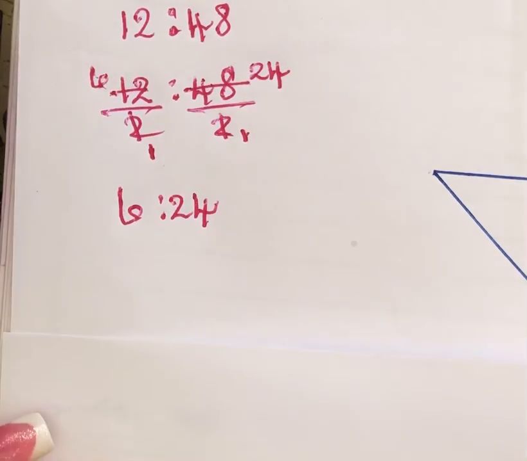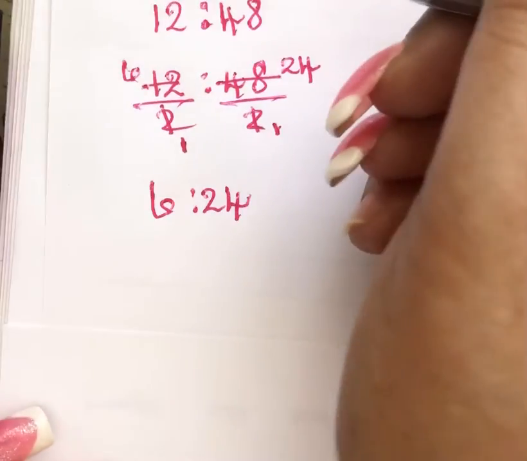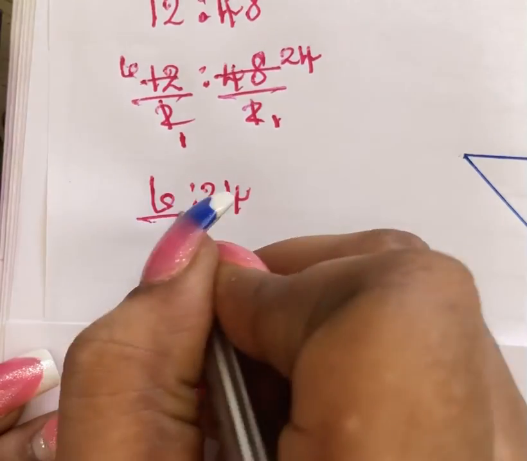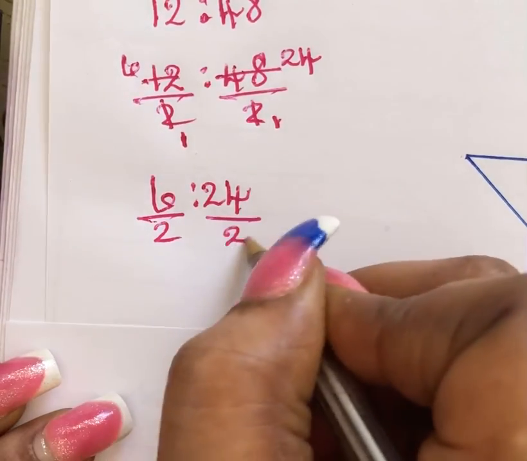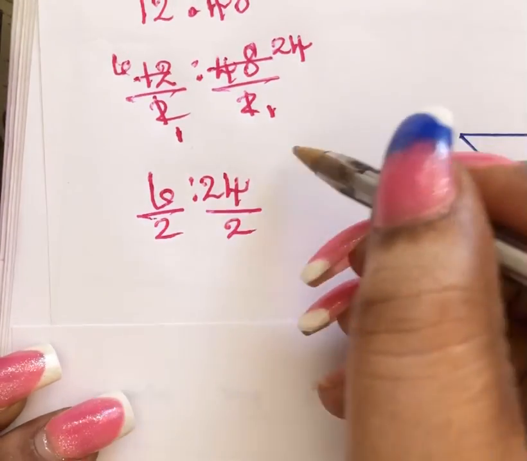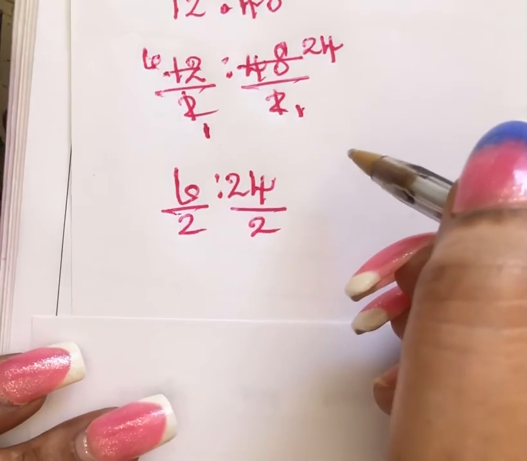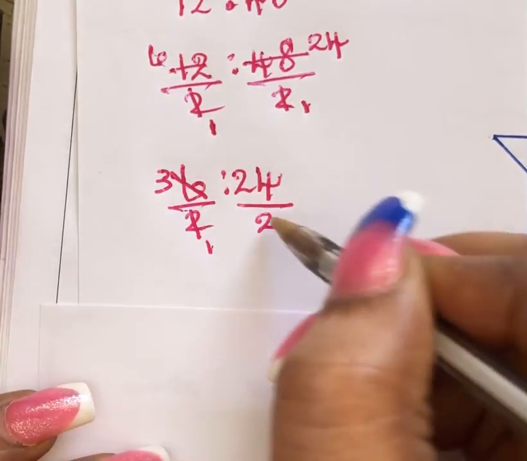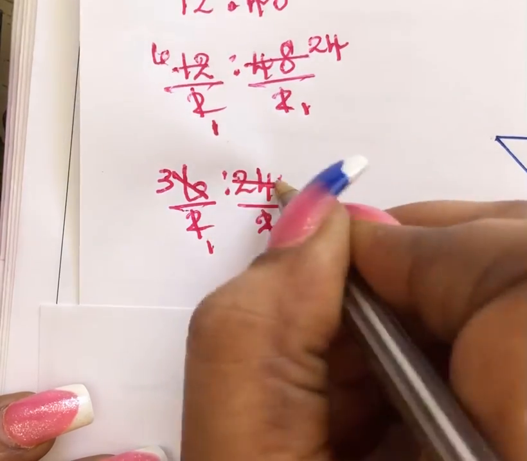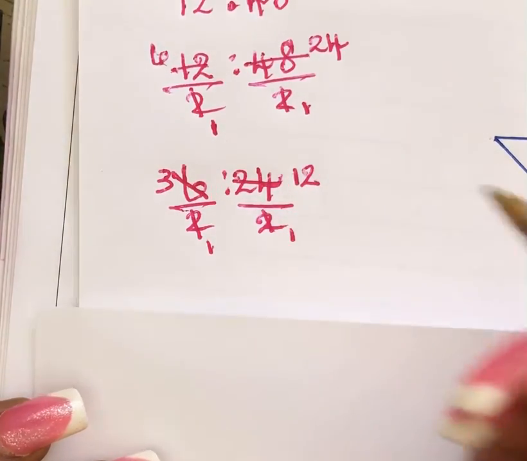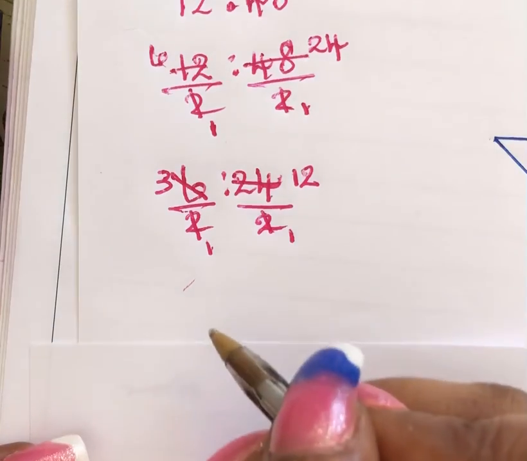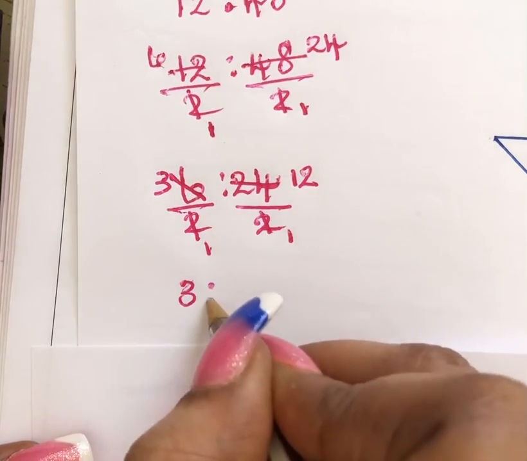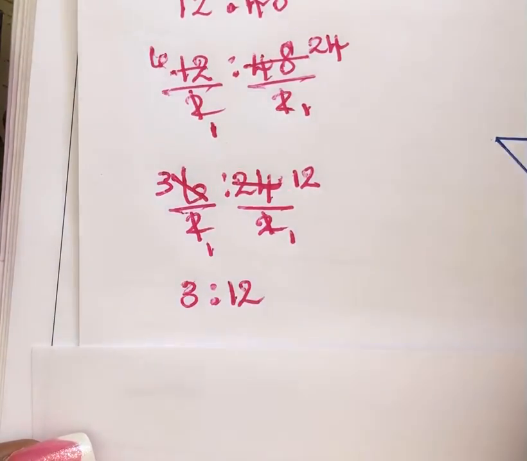Yes, we can use 2 again. 2 goes into 6 3 times, and 2 goes into 24 12 times. I now end up with 3 to 12.